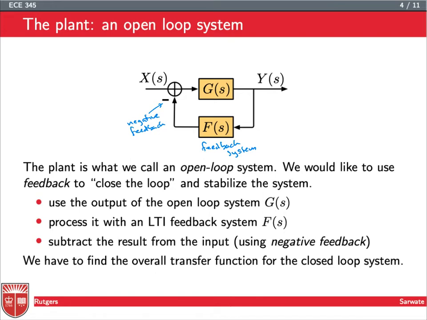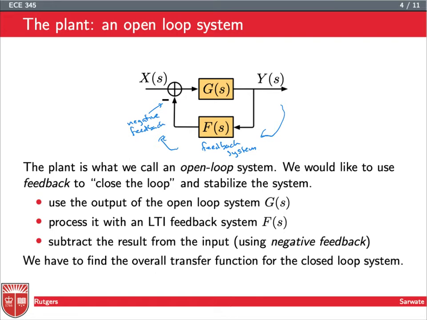We call this G of s, if we ignored the rest of the feedback system here, the open loop system because there's no feedback loop. And then what we want to do in feedback system design is design this feedback system f of s to close the loop. So we're closing the loop on this thing in order to control the system.